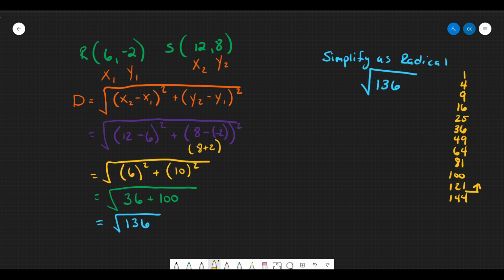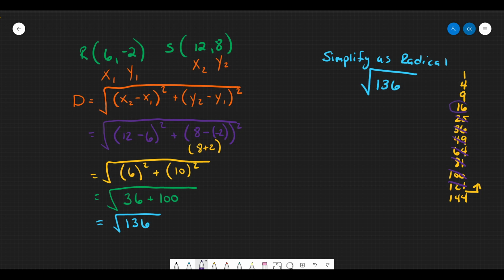So I'm going to check every one of these numbers that are above 121. If I try 136 divided by 121, that does not work. 100 doesn't. 81 doesn't. 64 doesn't. 49, 36, 25, all of those don't work.